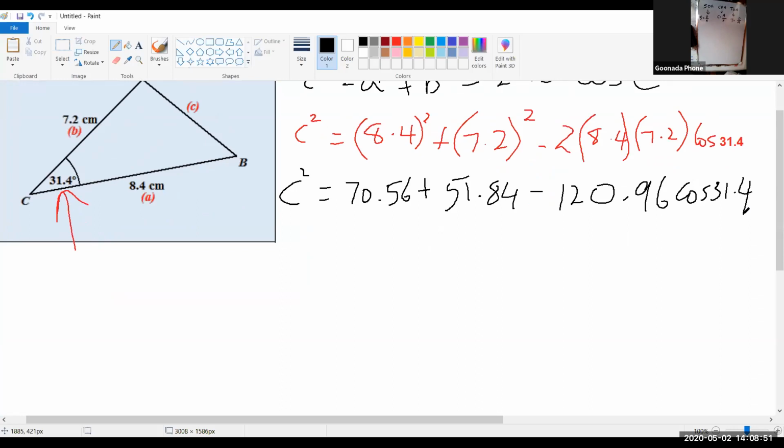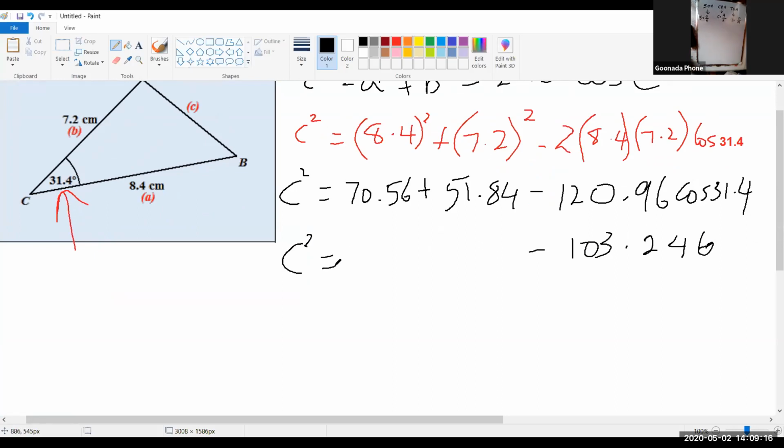So in your calculator, you will press 120.96 cos 31.4, and this will give us 103.246, to 3 decimal places.